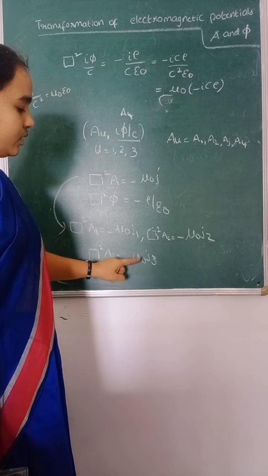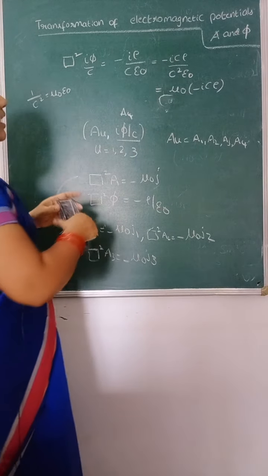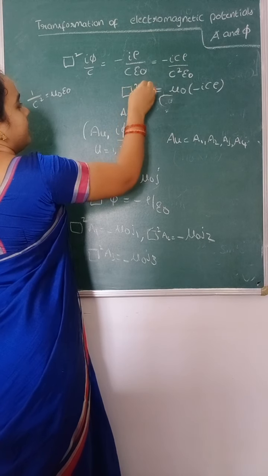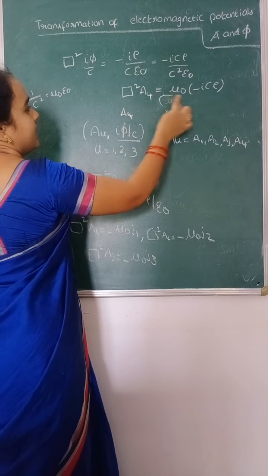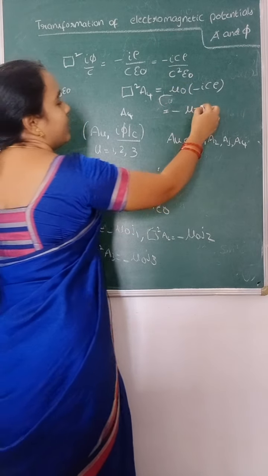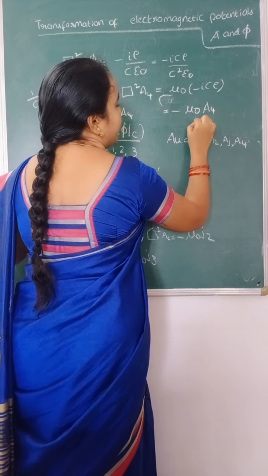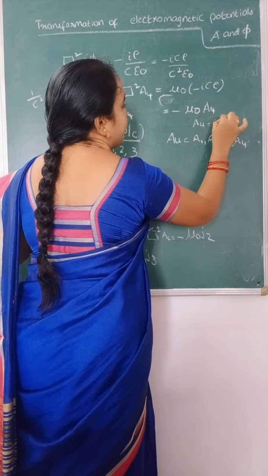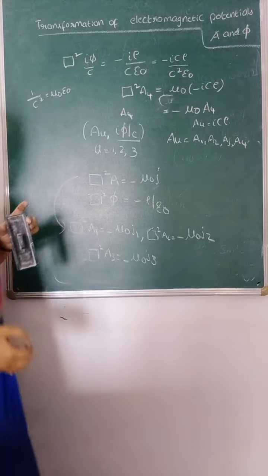If you want to write down del squared A4, what is A4? A4 is i phi by c, then this minus mu naught i c rho will be taken as J4, where J4 is equal to i c rho.